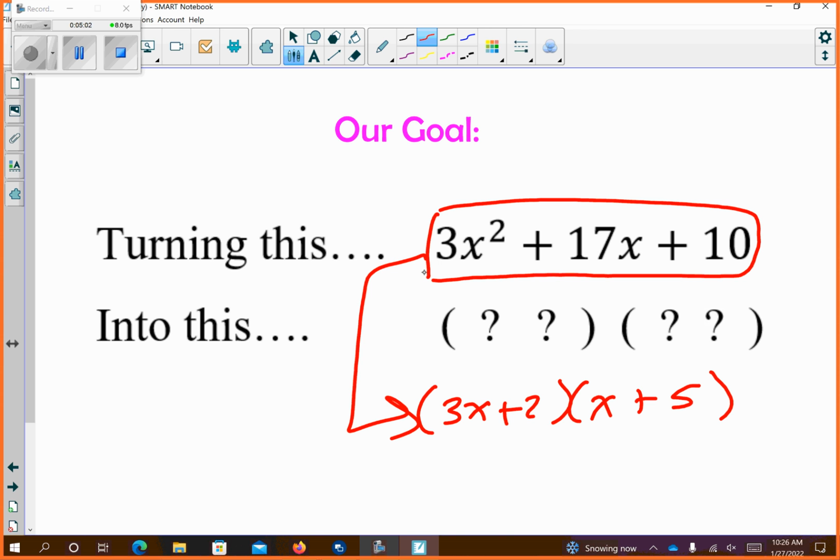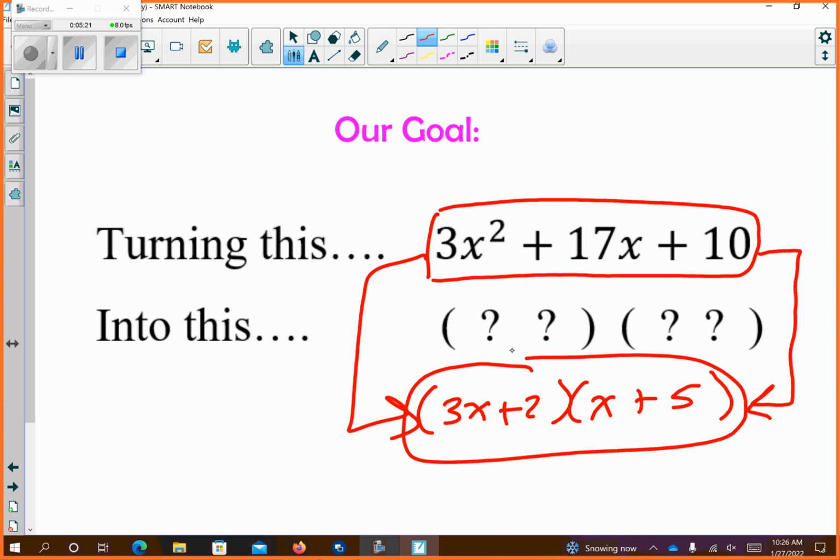It's finally embedded. So we're going to go through a process that's going to take us from a polynomial, something x squared, down to two binomials that you would FOIL together or double distribute together. Is that okay so far? And again, if you don't see how this happened, that's okay. I'm going to show you a process of walking through it. Okay, can I move on?